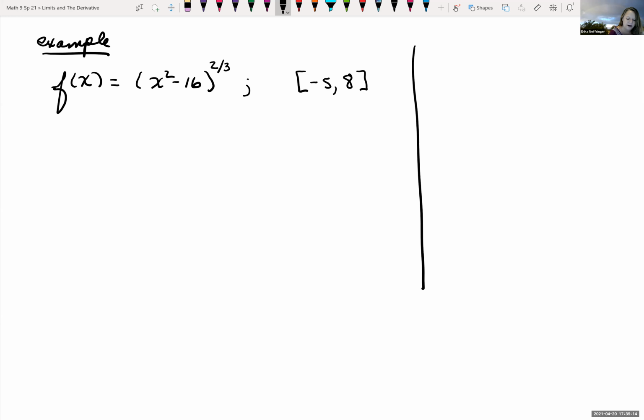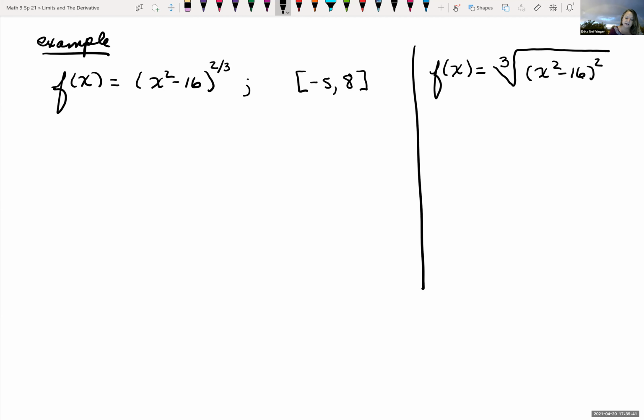Let me just rewrite f of x a little bit differently, just to show. This 2/3 power we can rewrite as a radical, so that the denominator is what root we're taking. So we're taking really the cube root of the quantity x squared minus 16 quantity squared.